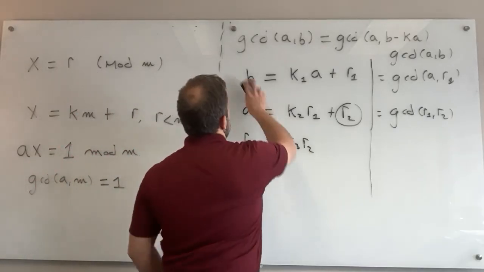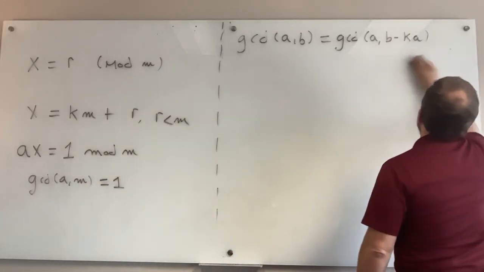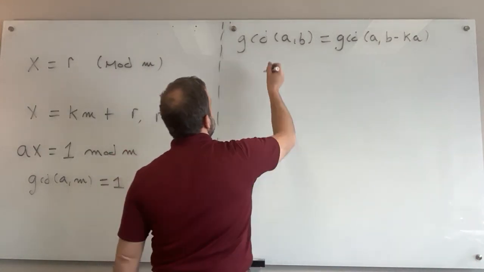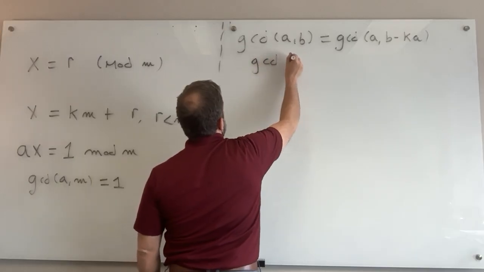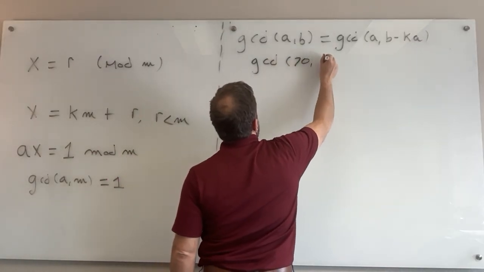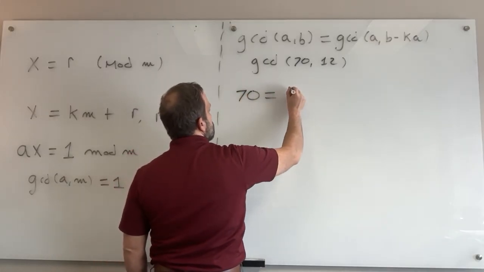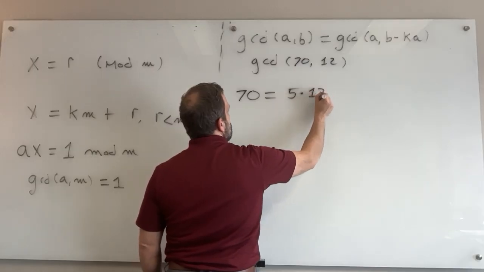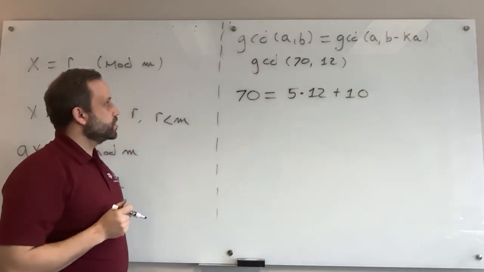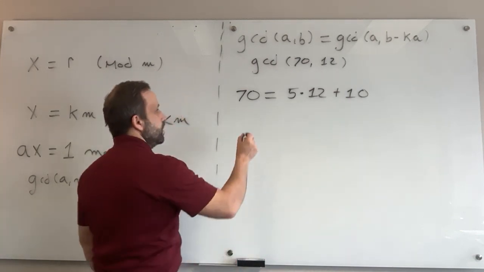Okay, so let me illustrate this with an example. Let's say I want to find the GCD of 12 and 70. 70 is equal to 5 times 12 plus 10.